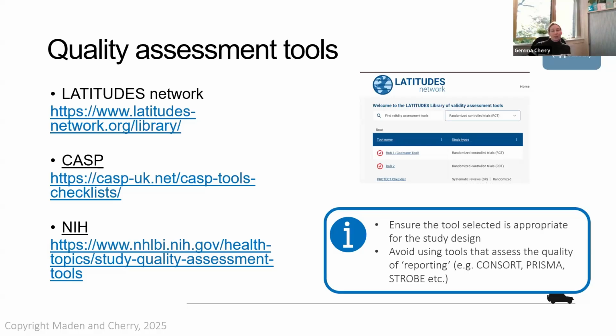Most often it's because people have selected one that assesses not the quality of the methods, but the quality of the reporting. So please don't use tools like the Consort Statement for trials, Strobe for observational studies, or Prisma for systematic reviews, as they're all tools that guide the authors when reporting the study, not when conducting the study. You may commonly see tools like the CASP checklist used, the risk of bias tool. So loads of them. And again, we've linked to some sources here to help you identify the right tool for your review.